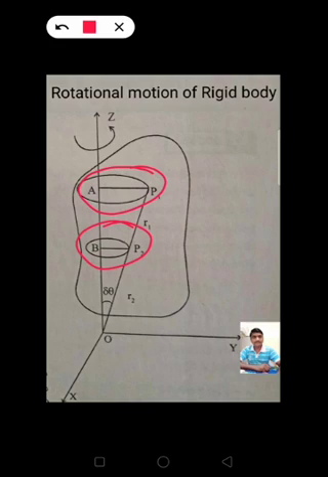So here if we see, let there be two particles at P1 and P2 that are moving around the fixed axis OZ and their centers of rotation are A and B, and their position vectors are R1 and R2.